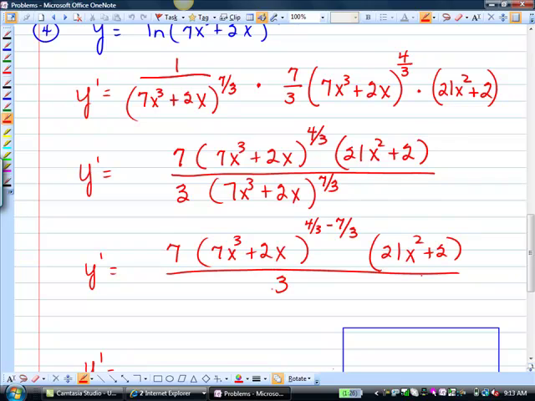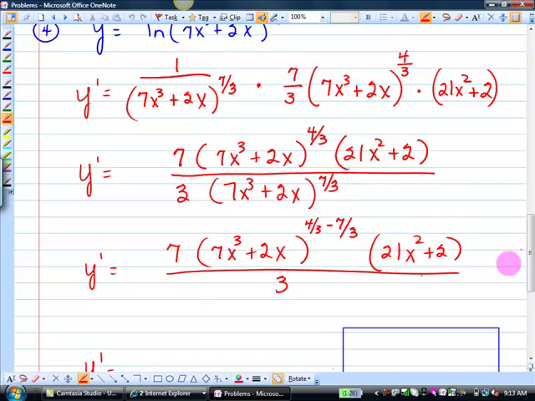And that's going to help me figure out what I'm doing. What do you get when you have 4/3 minus 7/3? -1, because it's -3/3. So -1 tells me where does that thing go back to? The bottom, but it doesn't have any fractional exponent anymore.